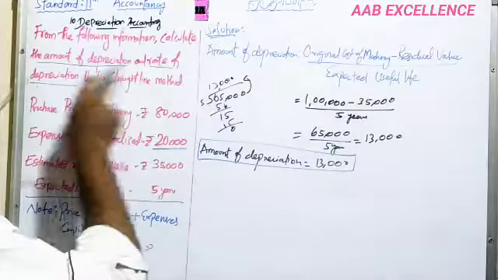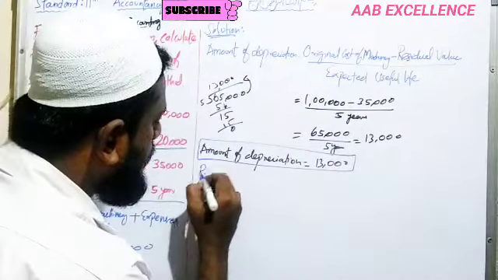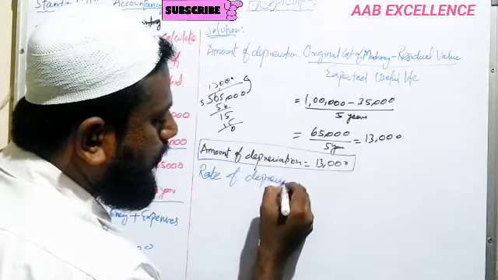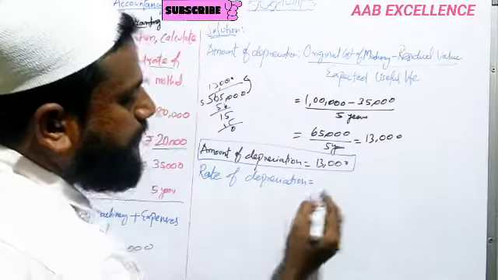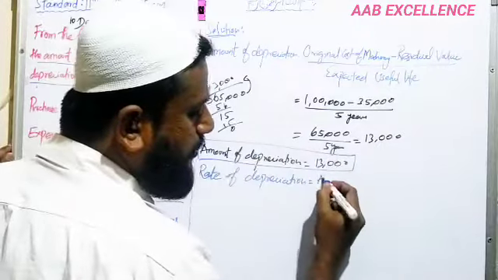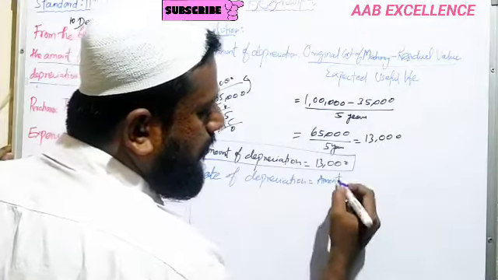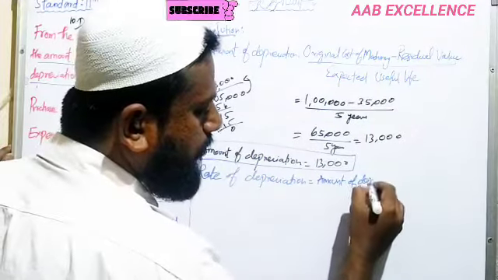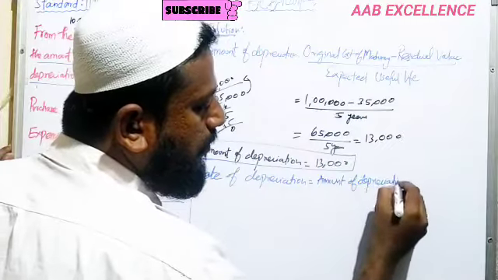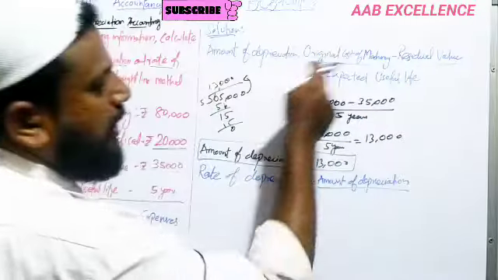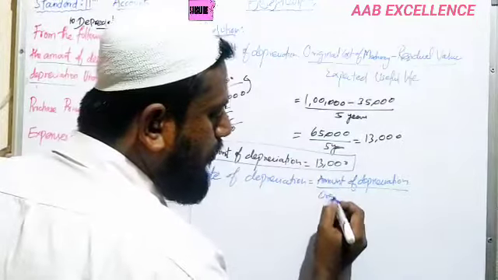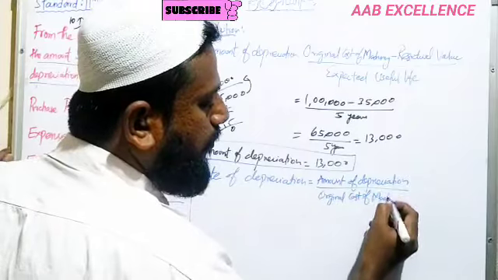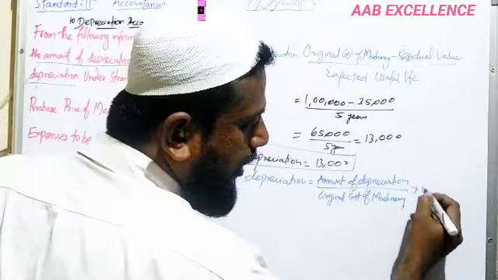That's all. Next, find out the rate of depreciation. This formula is amount of depreciation divided by original cost of machinery into 100.